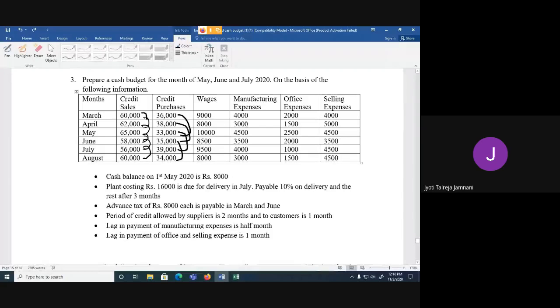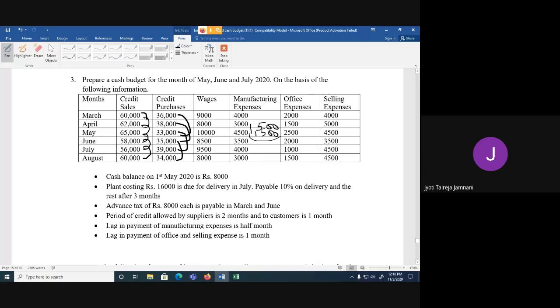Now see what happens to April month. How much is your wages and salaries for April? Anybody? It is 3,000, right? So of that 3,000, 1,500 you will receive in April only, and the remaining 1,500 you will receive in May.